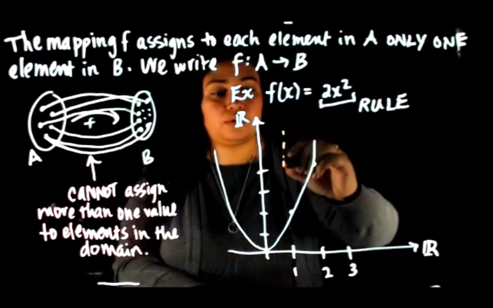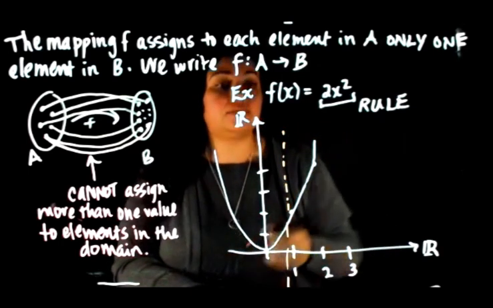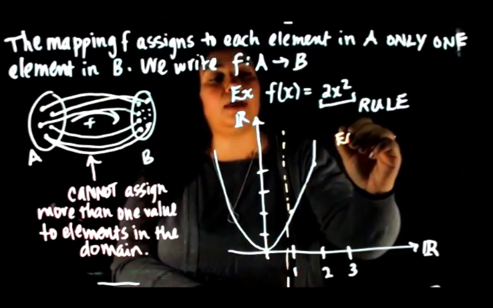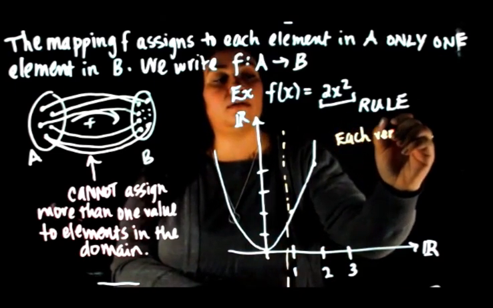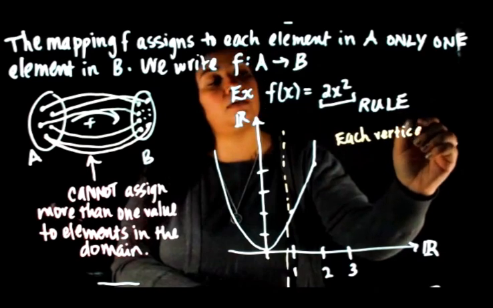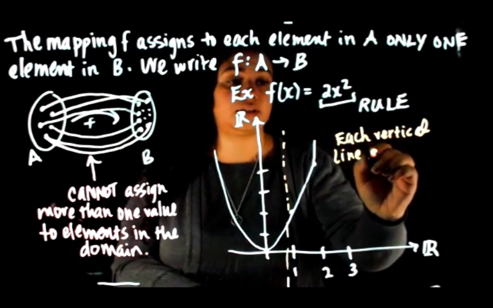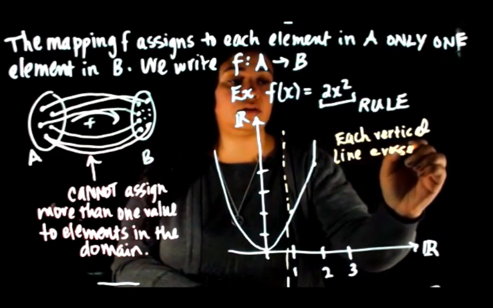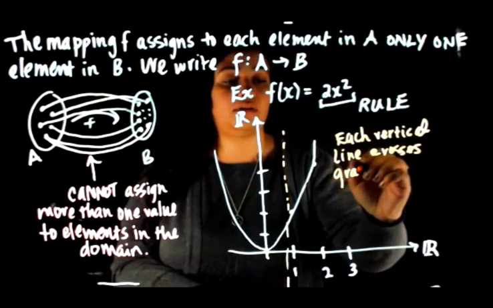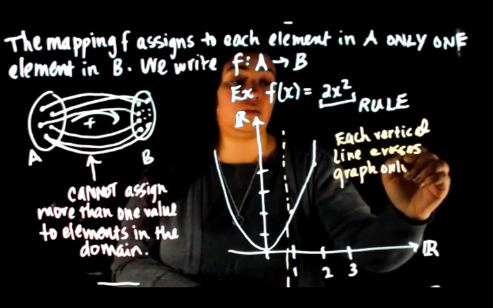Many of you learn the vertical line test. Each vertical line crosses the graph only once.